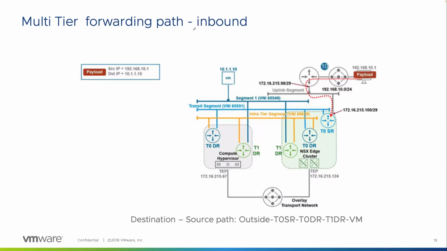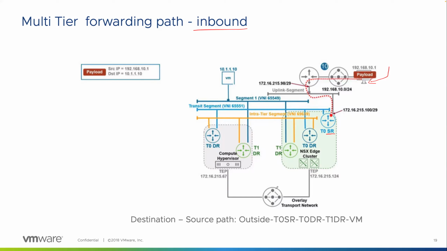And for inbound traffic, let's look at the inbound traffic. So packets or payload get sent out to the physical router, which then gives this packet to T0SR. So T0SR is the first step within the NSX system.